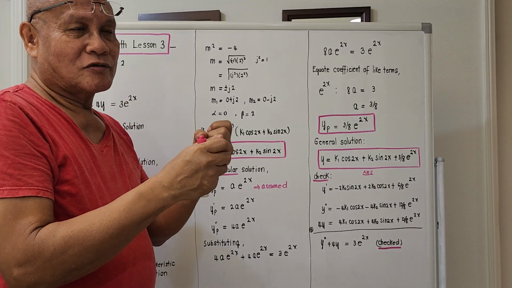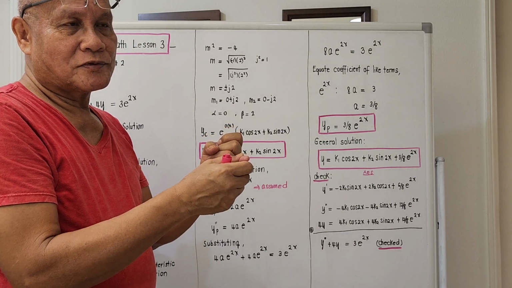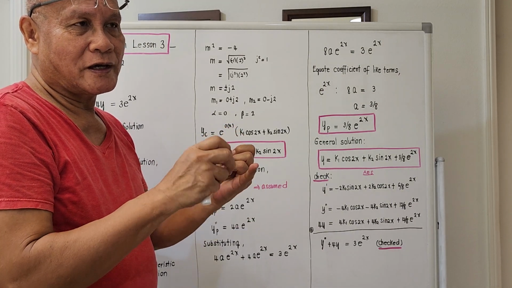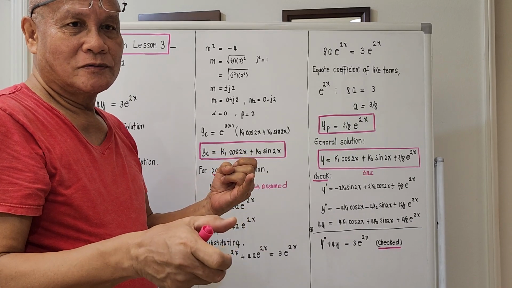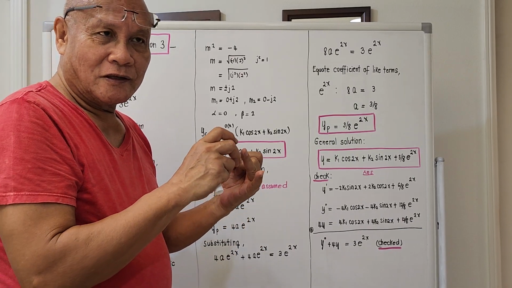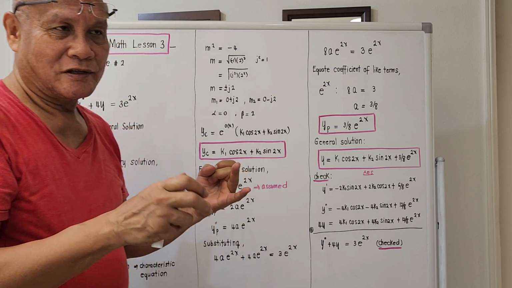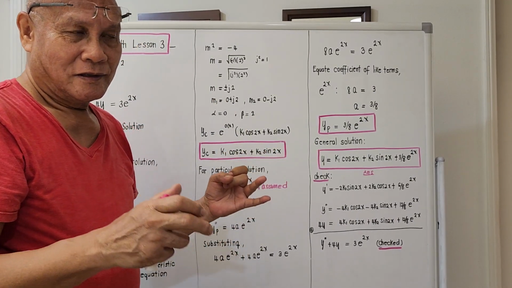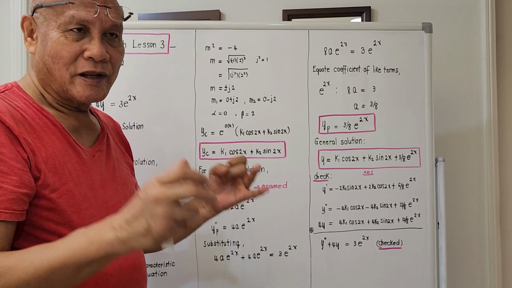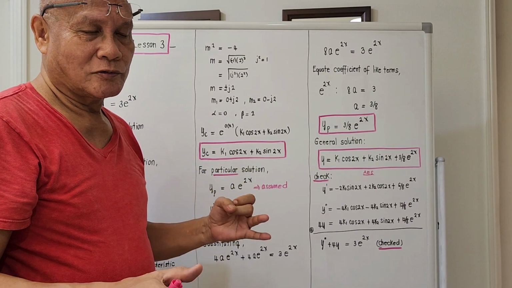Because lesson number 1 is actually the concepts on how to solve a higher order non-homogeneous differential equation. And lesson number 2 is a first example on how to evaluate a second order non-homogeneous differential equation.